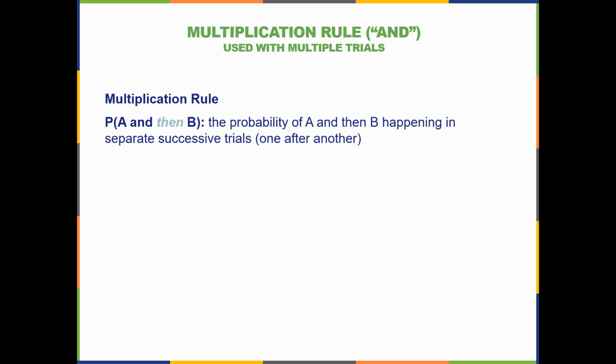So A happens and then B happens. So if you can reword it A and then B, you should use the multiplication rule.